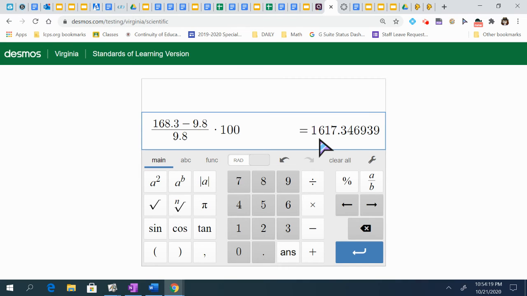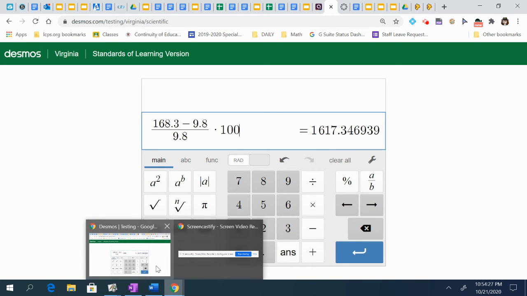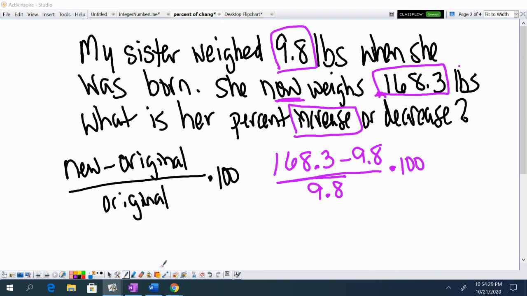And I'm going to get 1617.3 as my answer. And it's a positive answer because it's an increase. So I know it's positive. I know it's increased because it's positive. Now, 1600%, that's a huge increase. But she grew up.